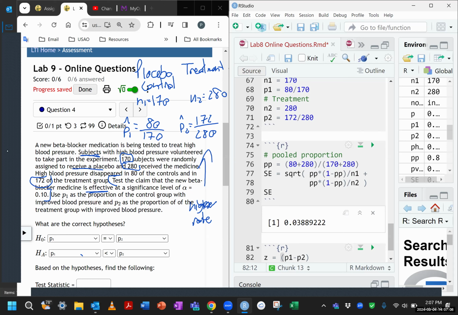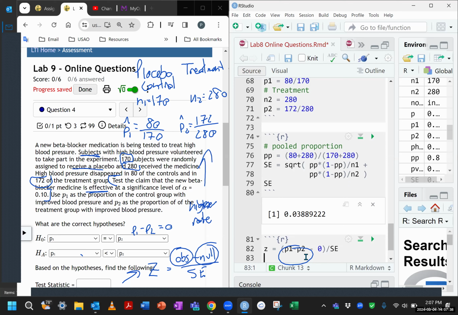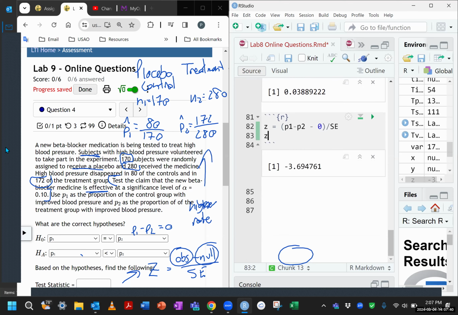This is kind of the formula for all z statistics. So the test statistic z is your observed data minus the null over your standard error. So the observed data is my P1 minus P2. The null, in this case, the null value for P1 minus P2 is going to be equal to 0. So I don't have to subtract that, or I could say minus 0 if I liked, and then I'll divide by my standard error. That'll give me my z statistic.